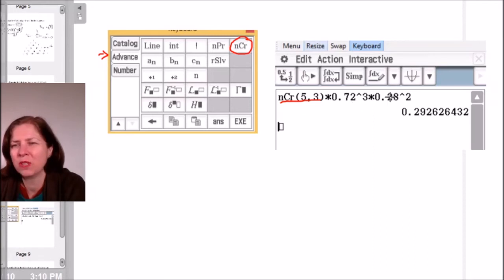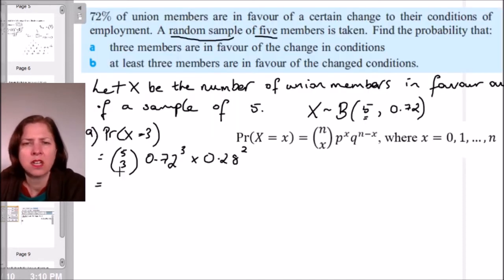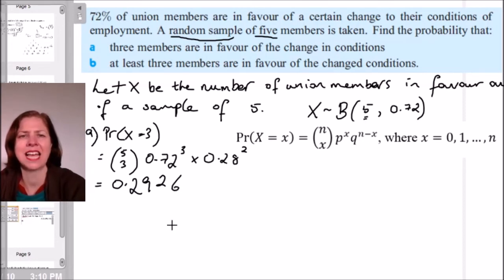But I knew I had to do all this stuff anyway, which I wasn't going to do by hand. 0.72 to the power of 3, 0.28 squared, and it gives me 0.2926. So let's go to 4 decimal places. 0.2926. Okay, that's A. 3 members are in favour of the change in conditions.